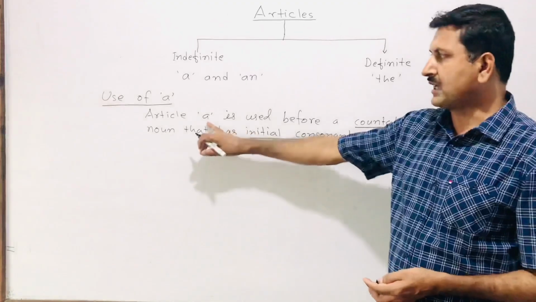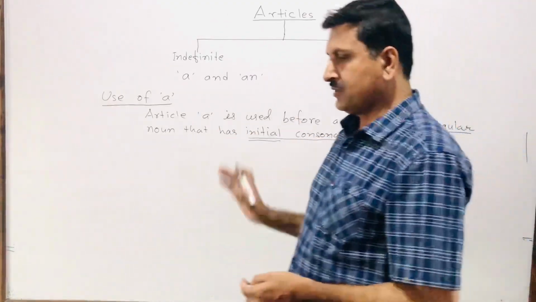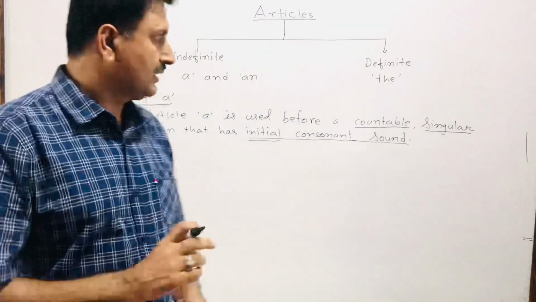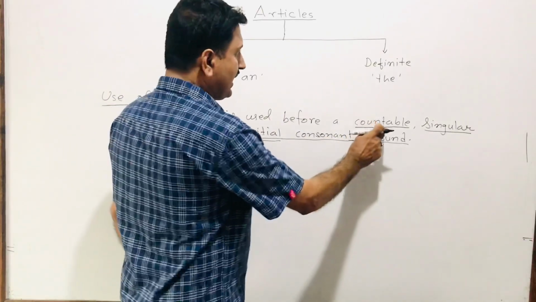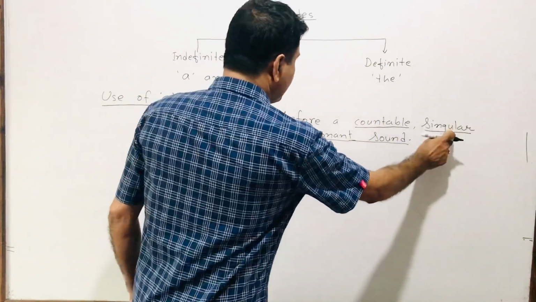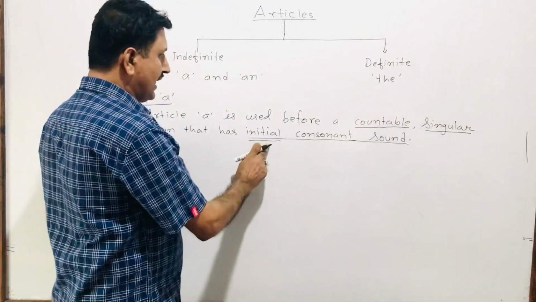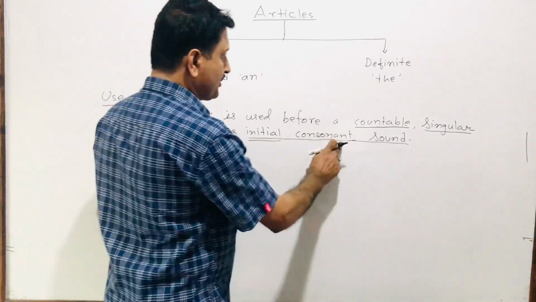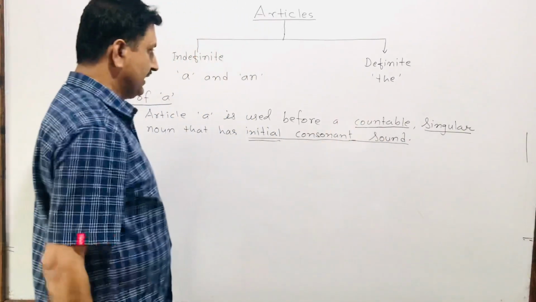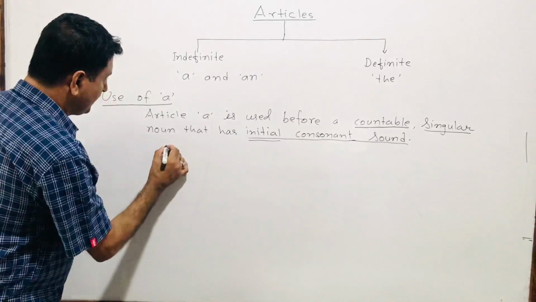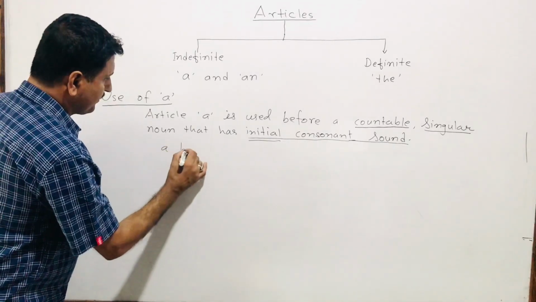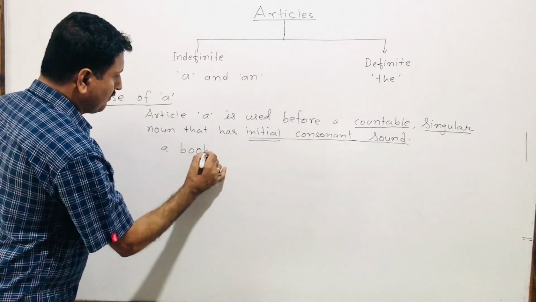Then we can use article A. So we can see some examples of nouns that are countable, singular, and that have initial consonant sound. For example, book.